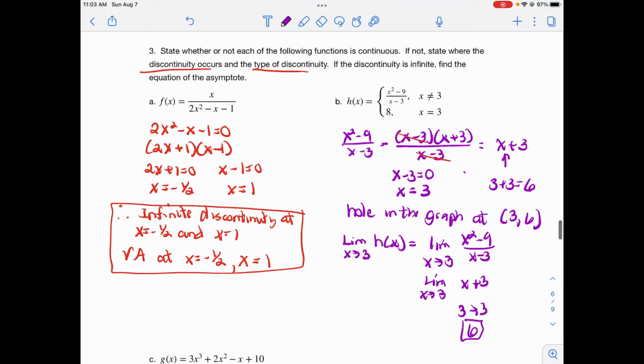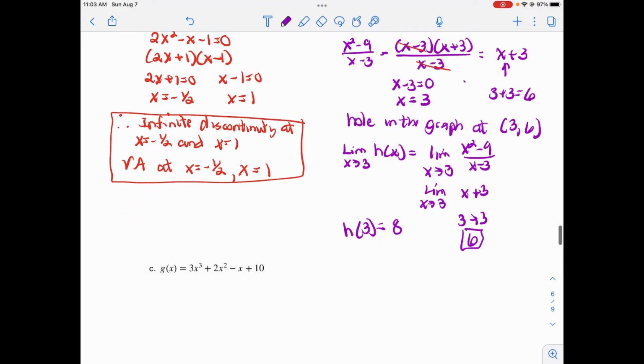So our limit exists, it's 6, but our function value at 3 is 8. So those are not equal. Since the limit is not equal to the function value, we have a removable or point discontinuity.